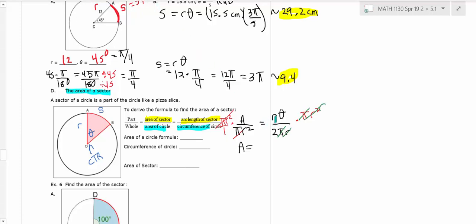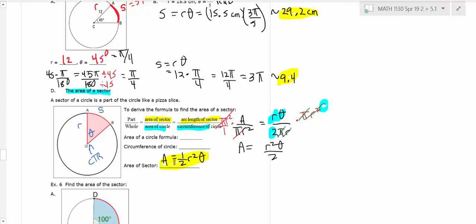So what you're left with is r theta, then an r, and then a 2. So it's r squared theta over 2, or you can write it this way. Most of the time a textbook writes the formula as 1/2 r squared theta. That's the formula for the area of a sector.